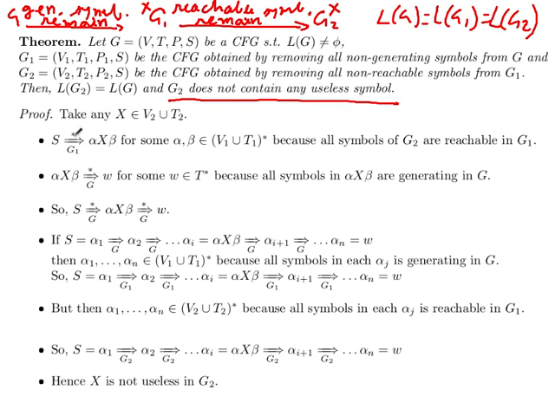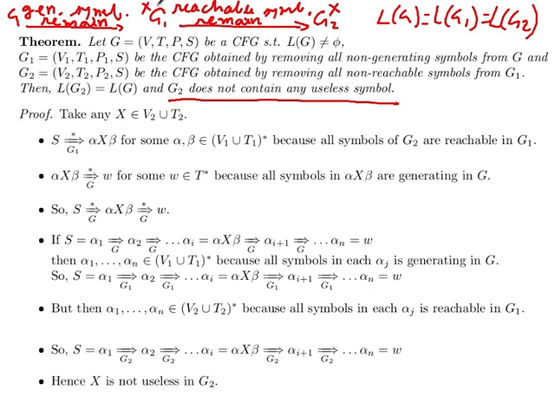You see that all the symbols here, because all this happens in G1, right? So that means all the symbols in alpha, this X, and all the symbols in beta, everything here that is in G1.